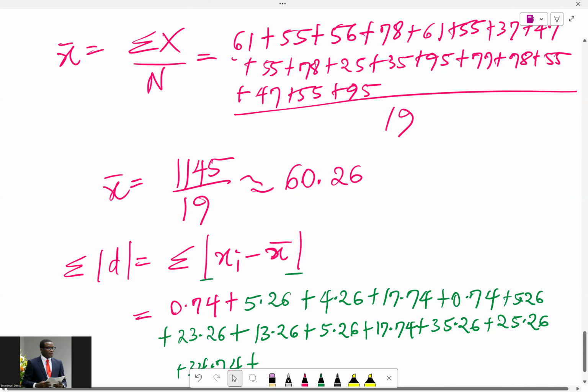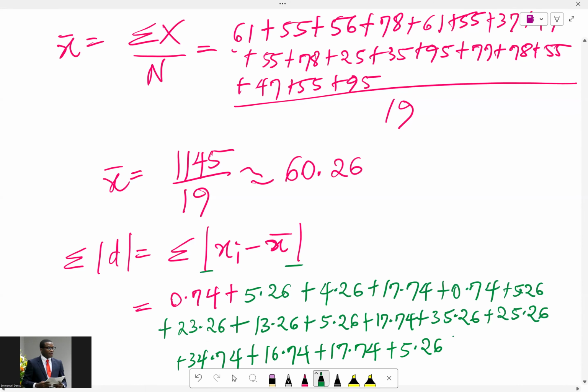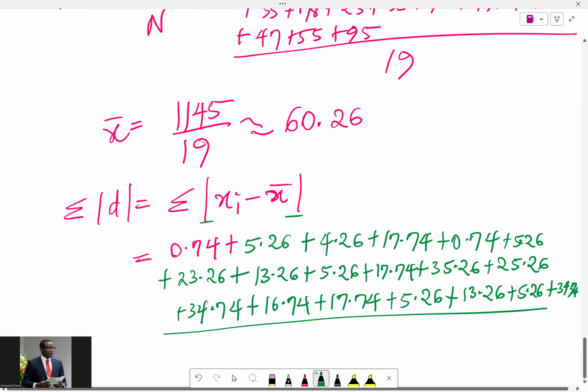Next is 77, which is 16.74. 78 is 17.74. 55 again is 5.26. 47 is 13.26. 55 is 5.26. Then lastly, 95 again is 34.74.